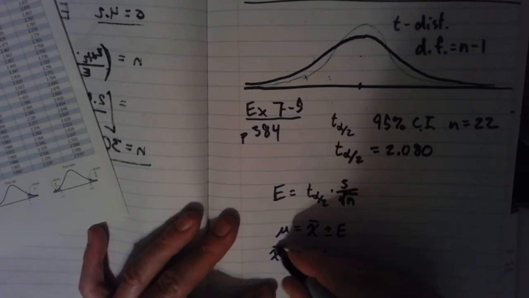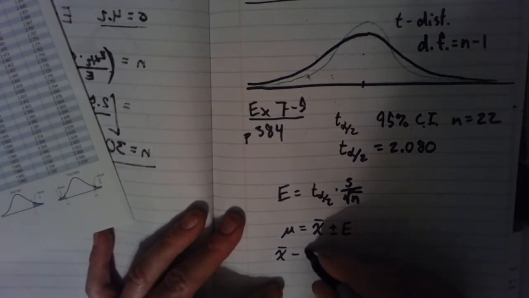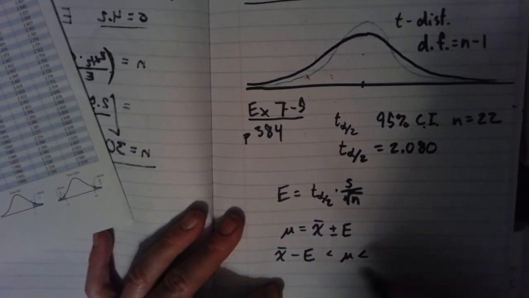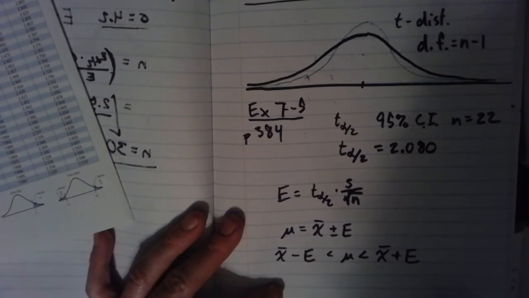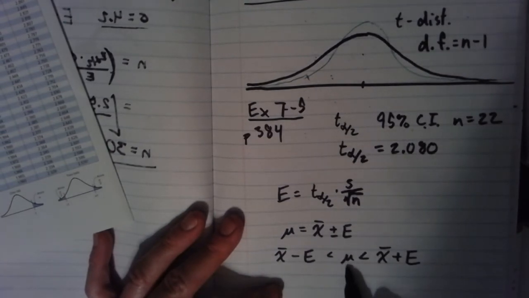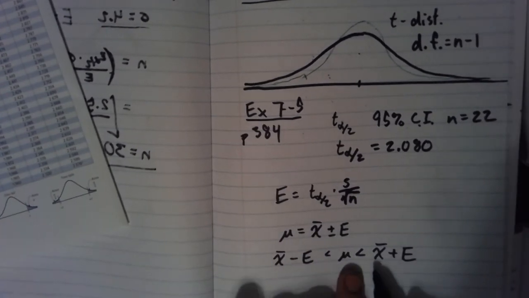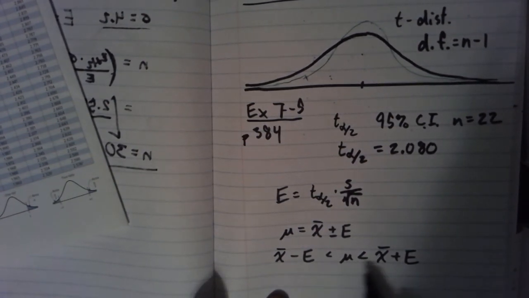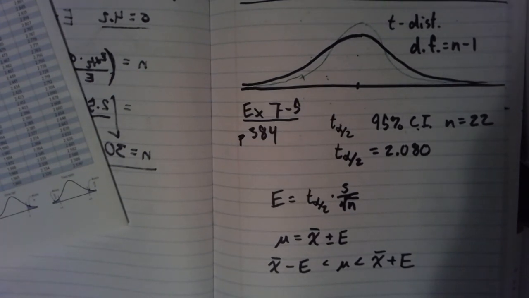I mean that mu is bigger than x bar minus E, and mu is less than x bar plus E. So this is the left-hand endpoint, and this is the right-hand endpoint of our 95% confidence interval.